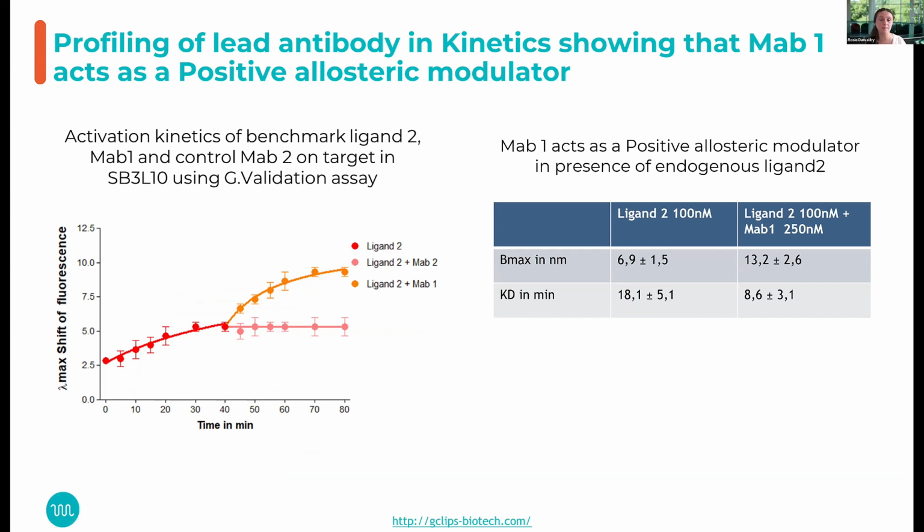What was really surprising is that we saw an overactivation when we added MAB1 on ligand 2, while when we added MAB2, nothing happened at all. This is a hint that MAB1 is a positive allosteric modulator in the presence of the endogenous ligand 2, which is really interesting and important for the future development of the candidate, because we need to know what kind of profile and what kind of mechanism of action this antibody is able to do.